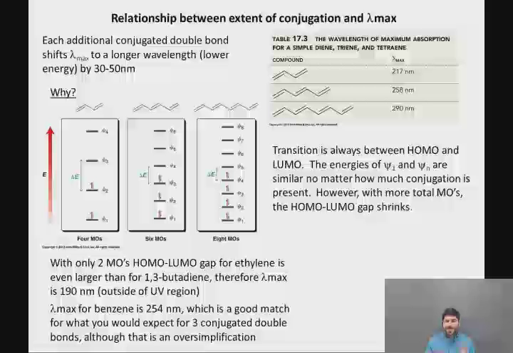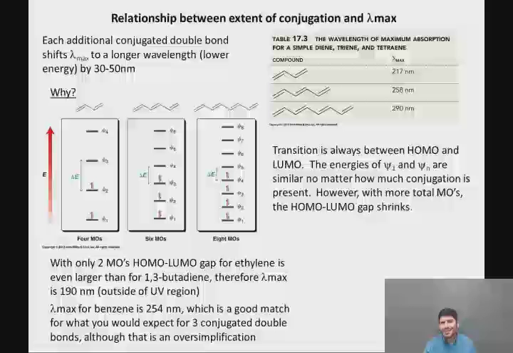But just looking at the trends here, if you have 3 conjugated double bonds, you would expect a lambda max of about 254 nanometers, and that is precisely what we get for benzene. That's the reason why aromatic molecules are also going to absorb in the ultraviolet region of the spectrum.